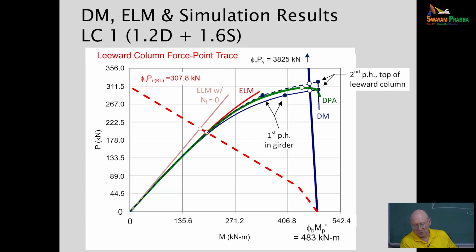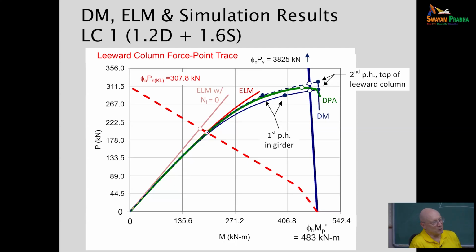So notice those points from the analysis from MASTAN, they're slightly outside of that bold purple curve. The reason for that is the bold purple curve is the equations H1-1 from the beam column interaction equations in AISC.